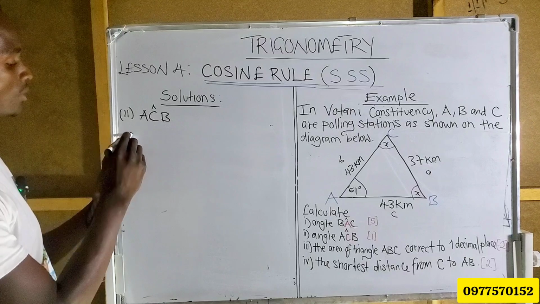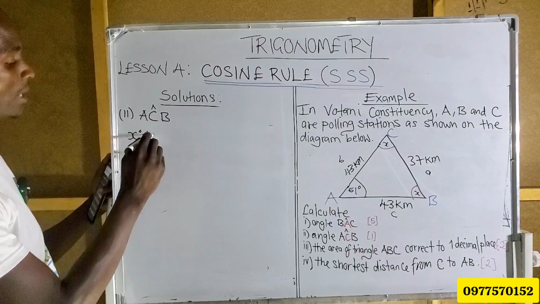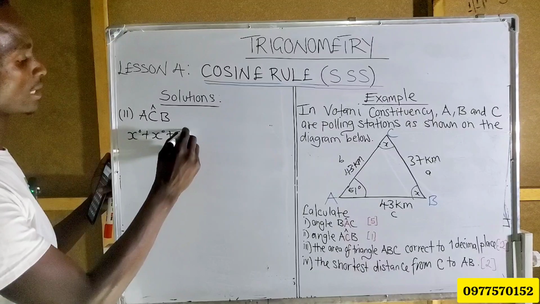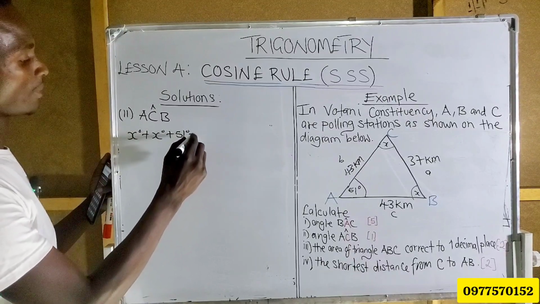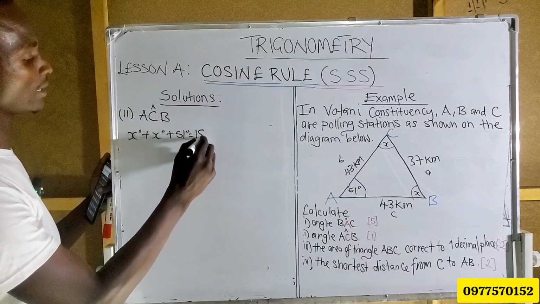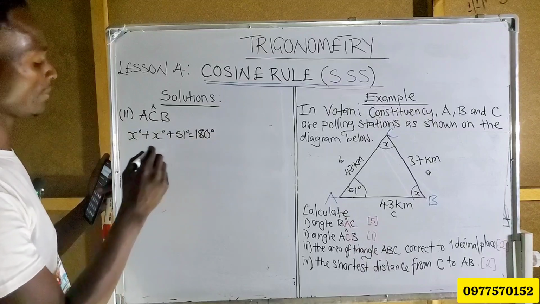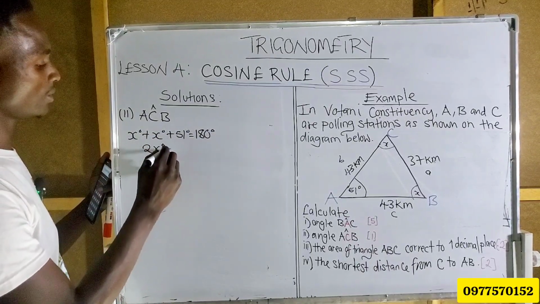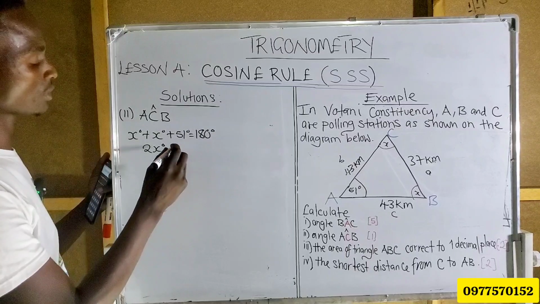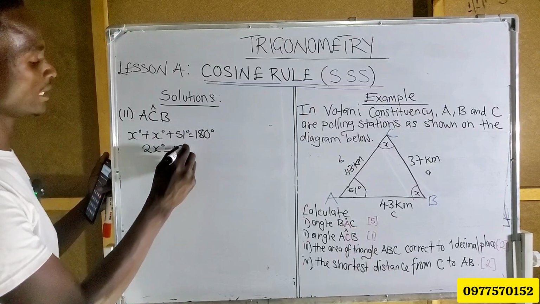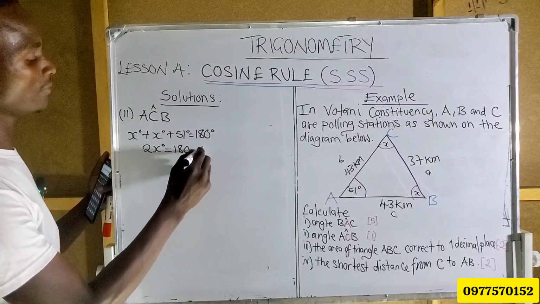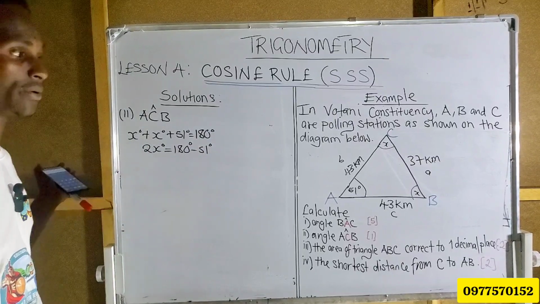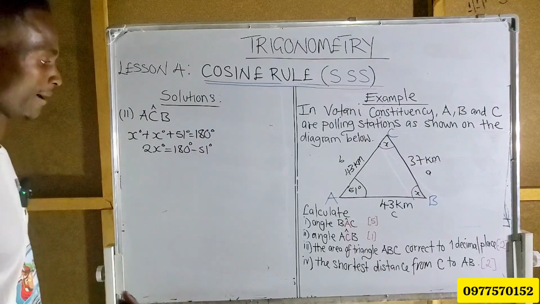So this is what we're going to do. We're going to say x degrees plus x degrees plus 51 degrees is equal to 180. All right, 180. x plus x is 2x, which is equal to 180 minus 51 degrees. Are we together? Yes, we are.